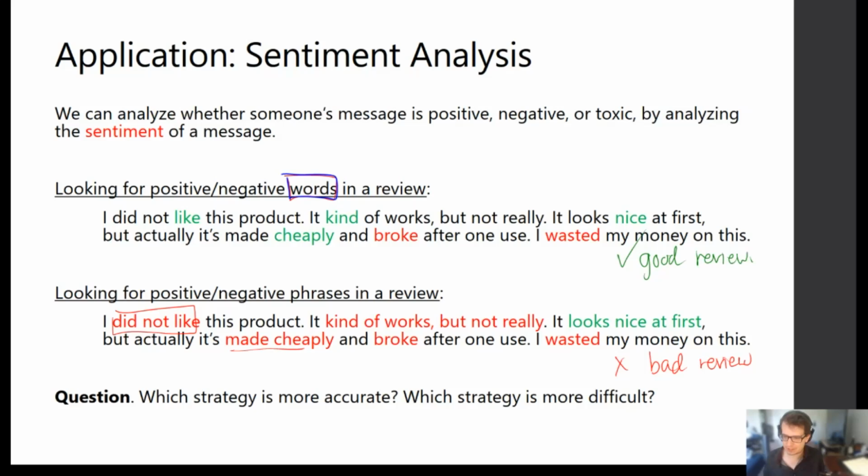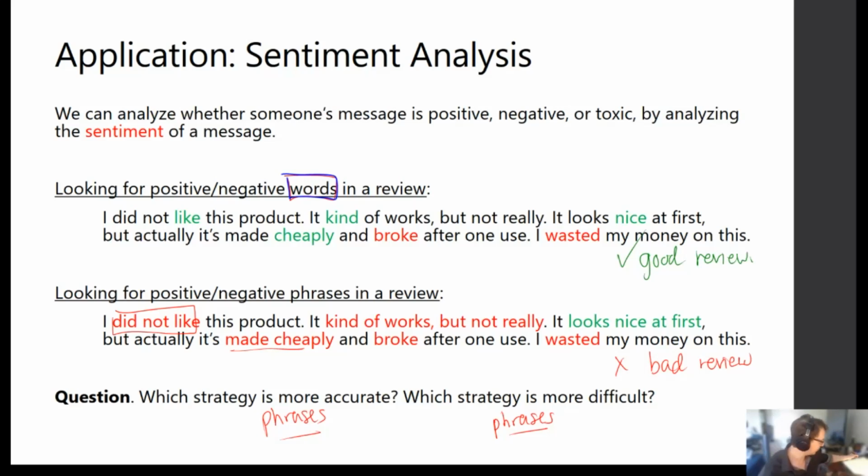So which strategy is going to be more accurate: looking at whether individual words are good or bad, or looking at entire phrases? Looking at entire phrases is going to be more accurate if we're trying to determine if something is positive or negative. But that's going to be a lot more difficult to do. Why?